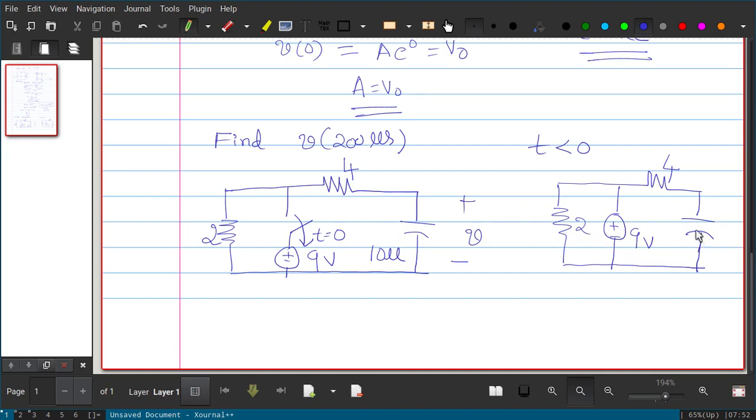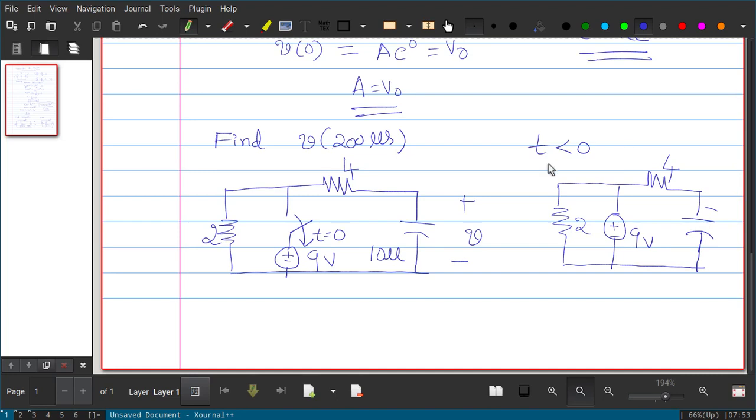If you apply a DC voltage across a capacitor for a long period of time, it can be modeled as an open circuit, as we have discussed earlier. No current is flowing through it, and the capacitor will be charged to 9 volt because 9 volt is applied here. So the capacitor will have 9 volt, but no current is flowing through it.